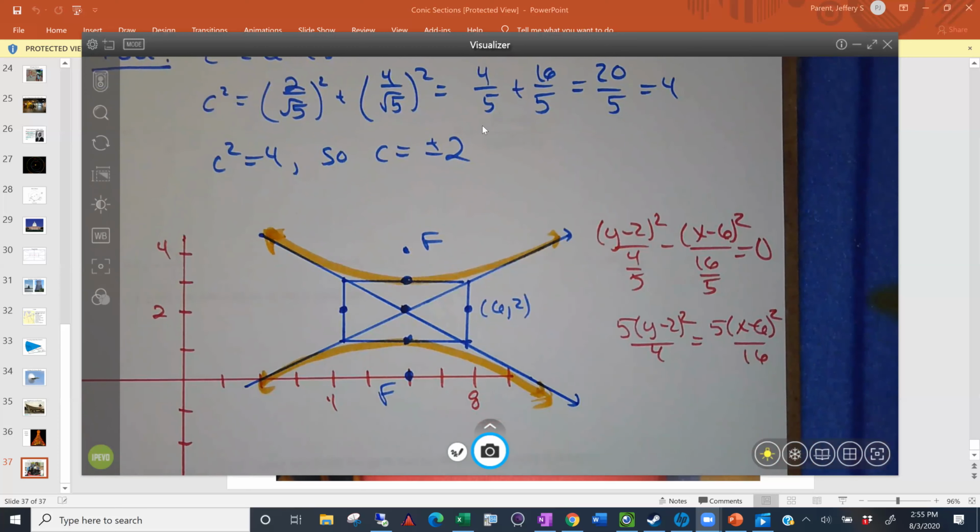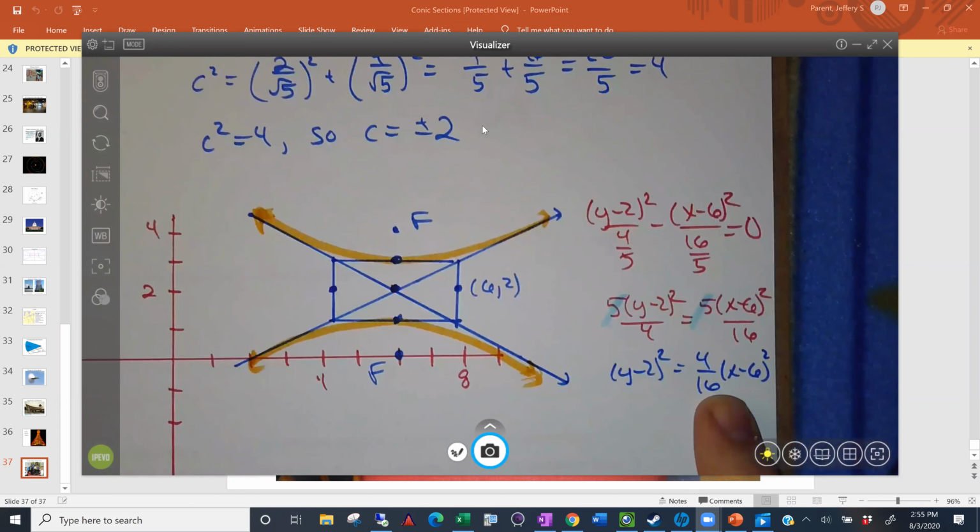We're going to solve for y. So I'll divide out the 5 on both sides. That'll disappear. So that's nice. Get rid of that. And then multiply by 4 on both sides. So I get y minus 2 squared equals 4/16 x minus 6 squared.